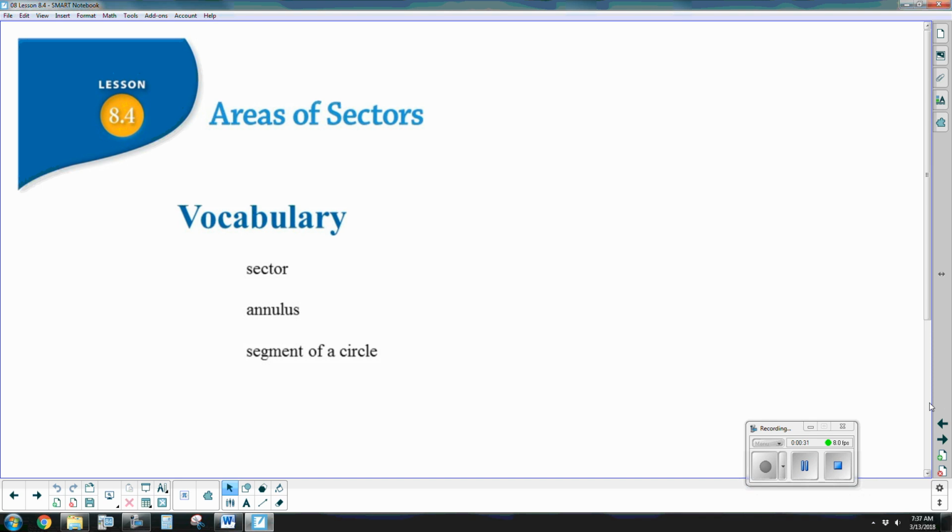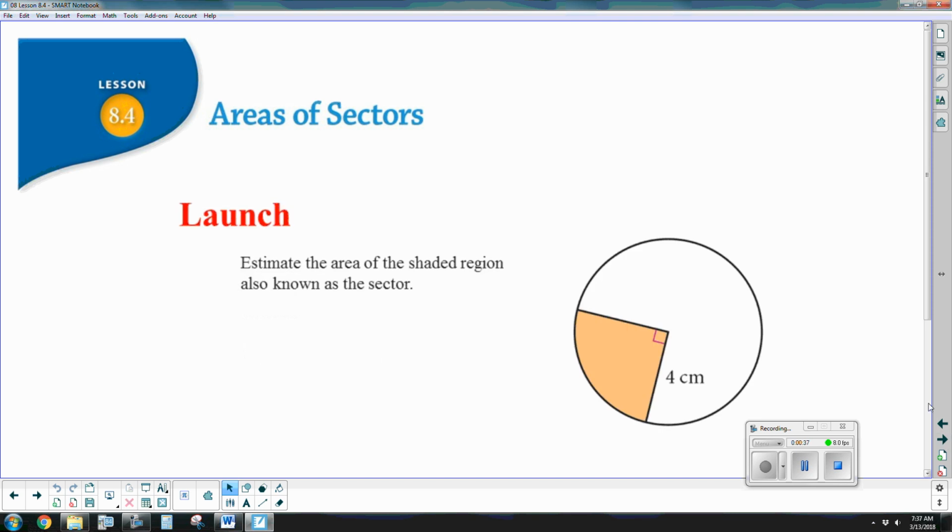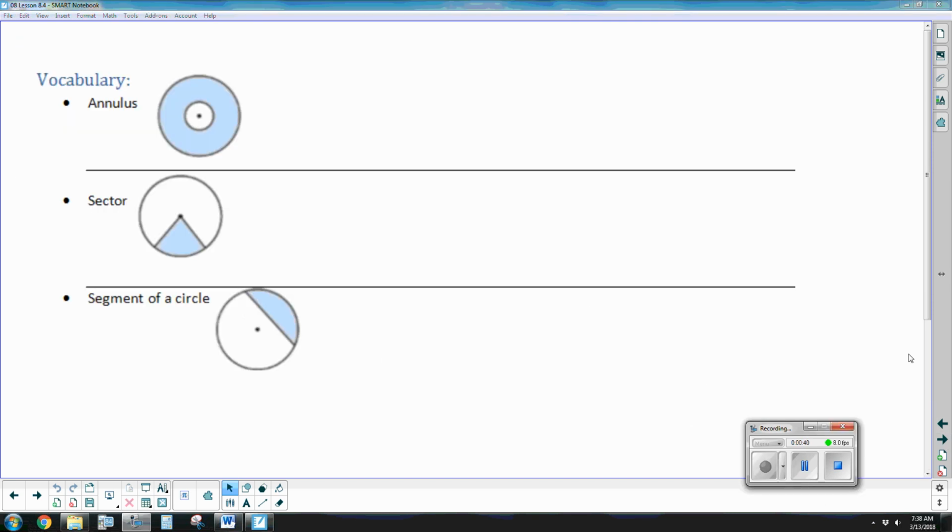So if you look at your vocab, you've got 3 new vocab terms. And on your note sheets, you've got diagrams for each of these. So we're going to define annulus as the region between 2 concentric circles.